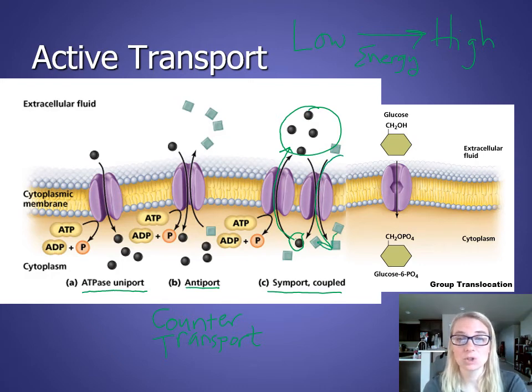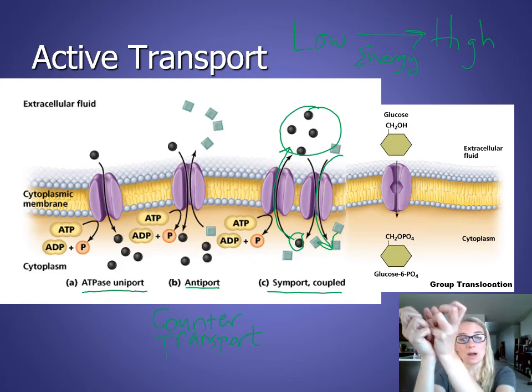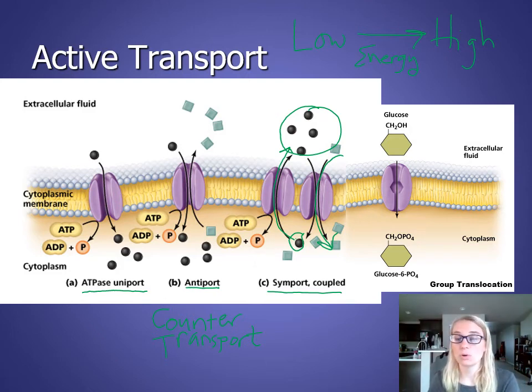This second channel is free in that we're not spending energy to move the green square against its concentration gradient because it's kind of coupled with the black circle going down its concentration gradient. But if we didn't burn ATP here to make that black circle concentration gradient to begin with, we wouldn't be able to do the coupled reaction.